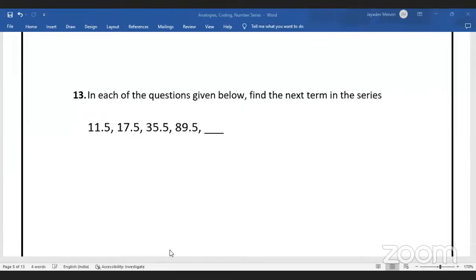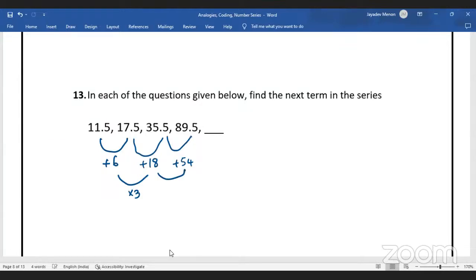If you are looking at the terms, 11.5 plus 6 gives 17.5. Now 17.5 plus 18 is 35.5. 35.5 plus 54 is 89.5. We can see that first we are adding 6, then we are adding 18. 6 into 3 is 18.